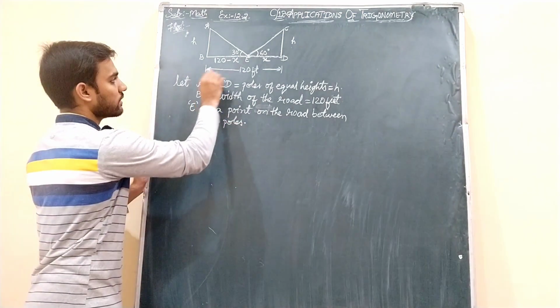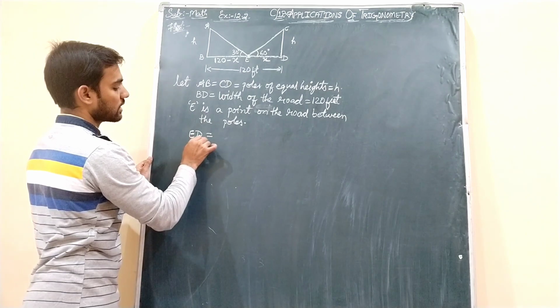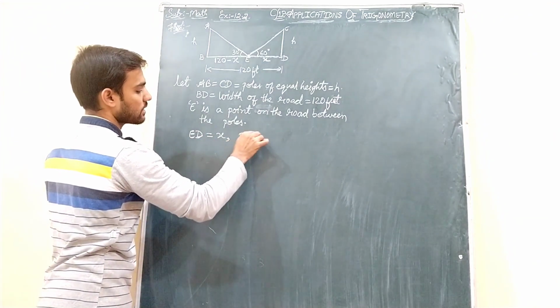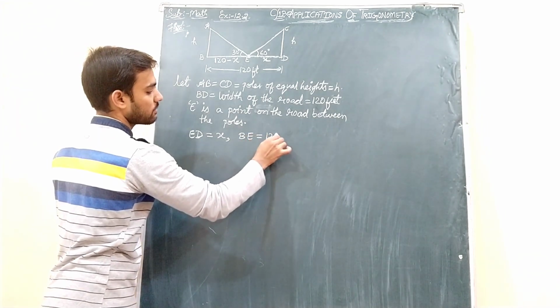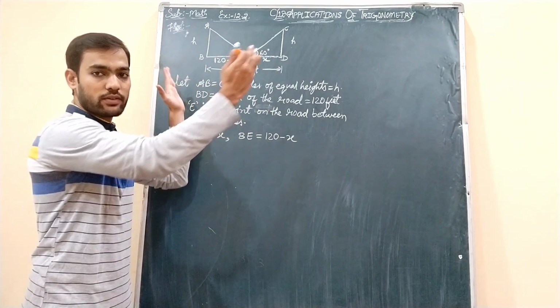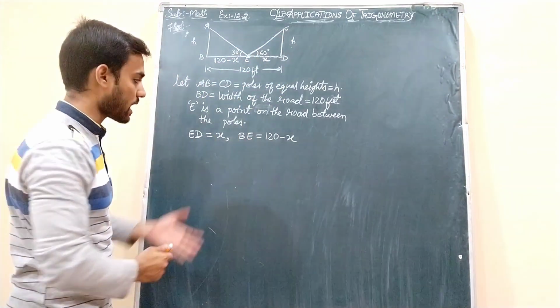Okay, so here I have taken ED as x and BE as 120 minus x. Okay students, if this is x, then from the complete width you need to take out that x, so BE is 120 minus x I have taken.